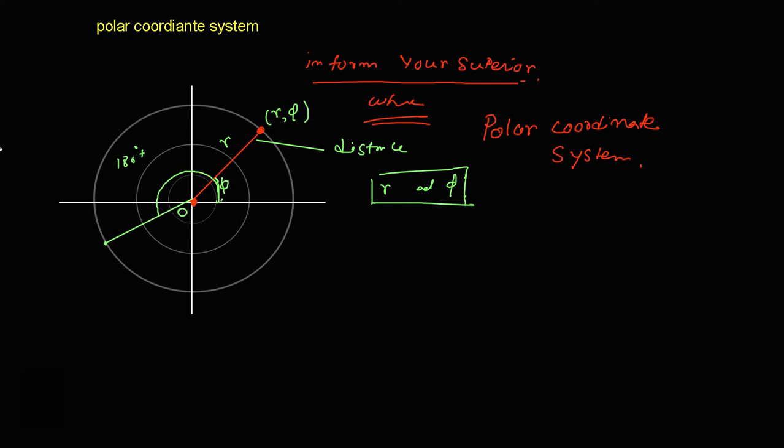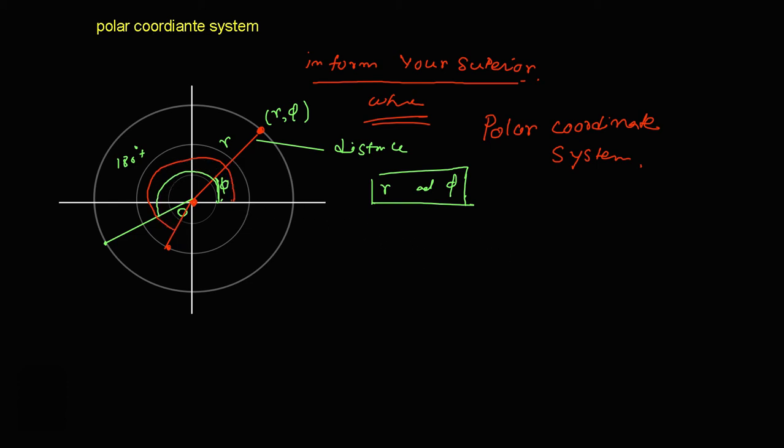Someone can say that our point may be somewhere else. Let it be here. So what will be the distance? The distance will be like this, and the angle is measured from this straight line to this straight line. The whole thing is the angle.